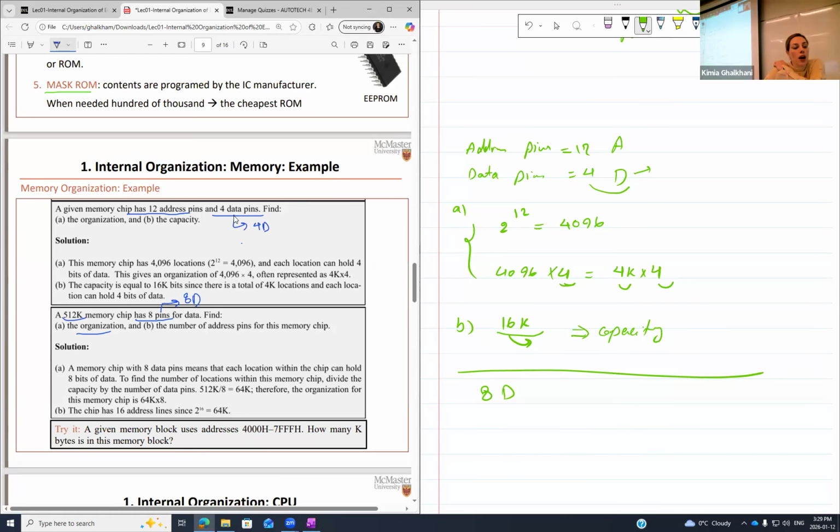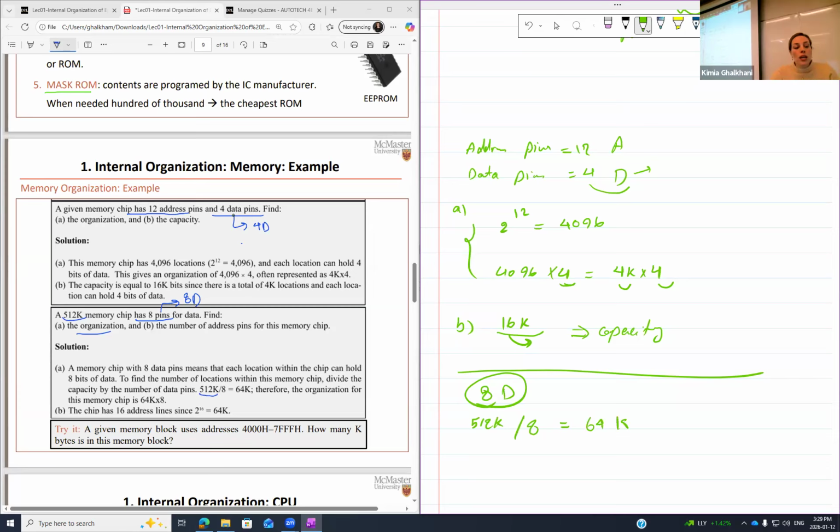But this time I have the capacity given: a 512K memory chip. So the organization is going to be the capacity divided by 8. It's been given 512K, and I have 8 data pins. Then I can simply say 512 divided by 8 gives me 64K.